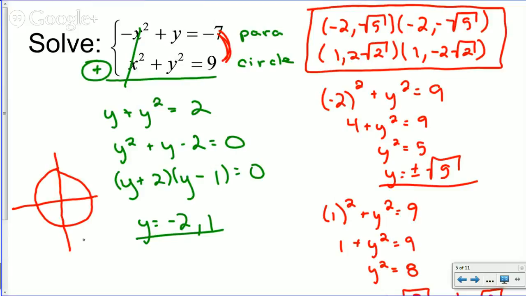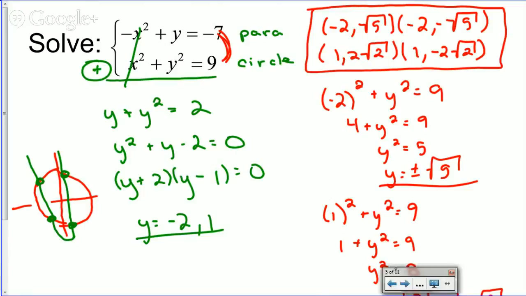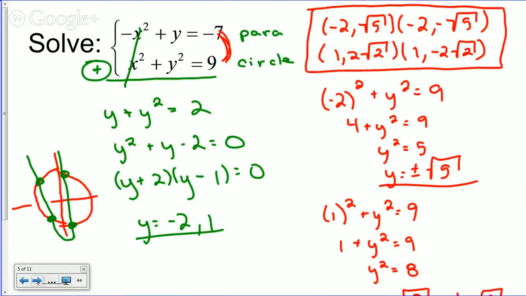So my parabola would, I don't know, be down here somewhere, opening up, somehow like that. That's kind of a bad drawing, but we get the idea of how those two graphs are related to each other.